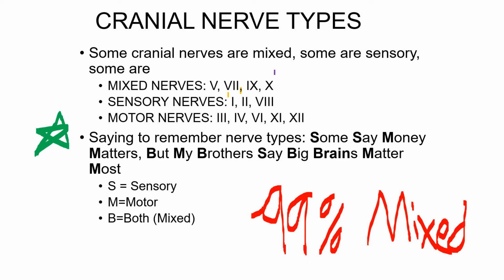If the first letter starts with an S, that means it's a sensory nerve. If the first letter starts with an M, it's a strictly motor nerve. And if it starts with a B, it's a both or mixed nerve. You can see that this corresponds with what we're saying up top, and it should be all correct, which it is.